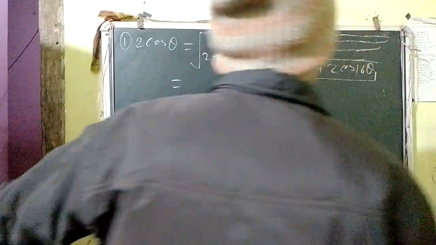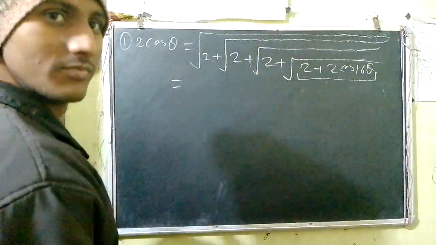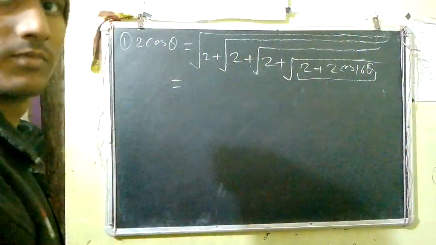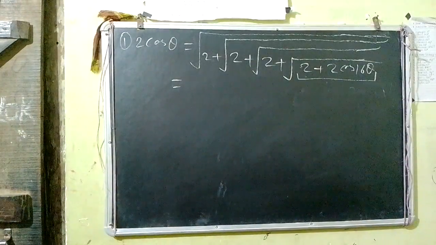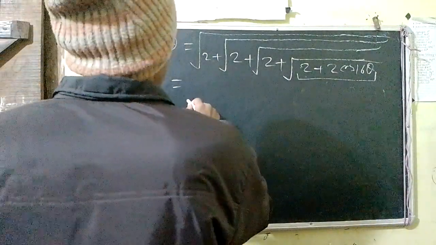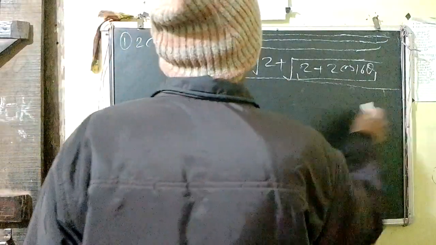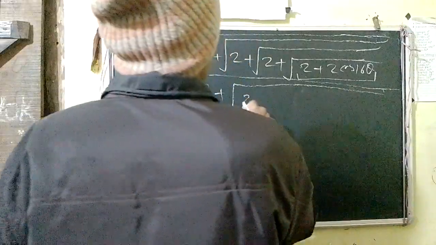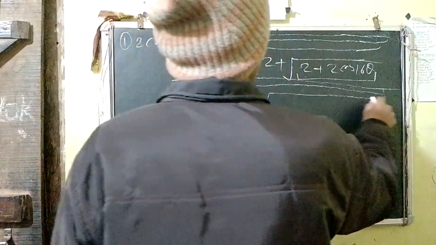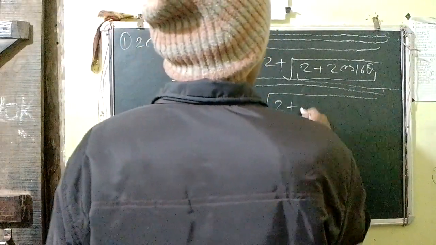So furthermore, how's the problem? We're going to apply that. This will become square root of 2 plus square root, second square root, 2 plus the third square root, 2 plus the fourth square root.